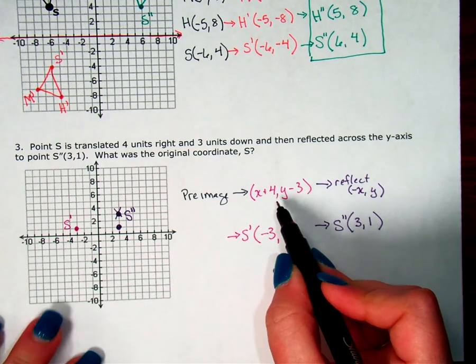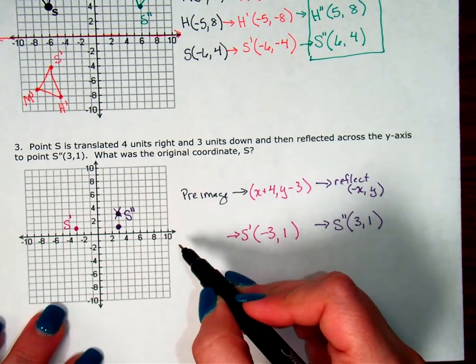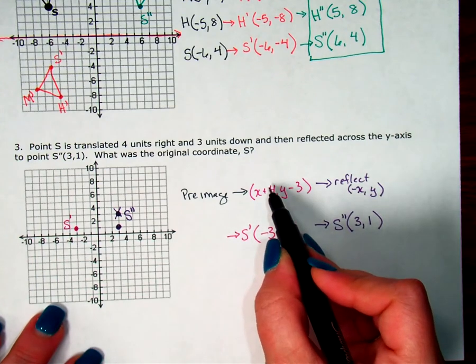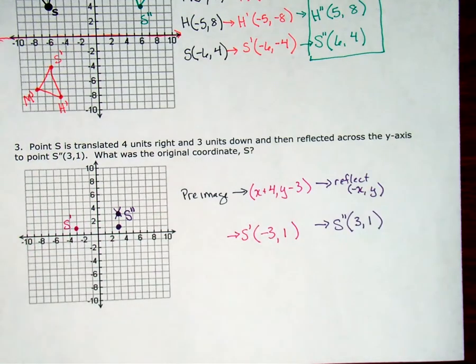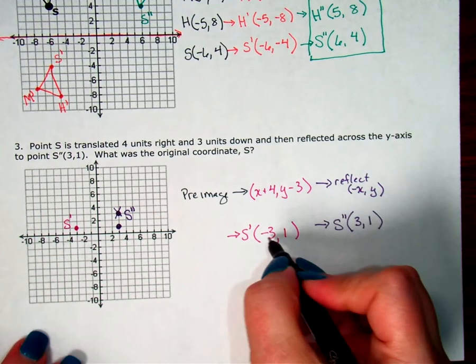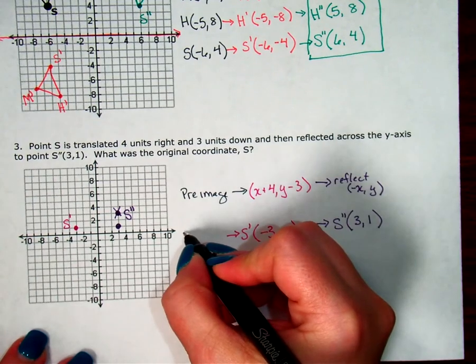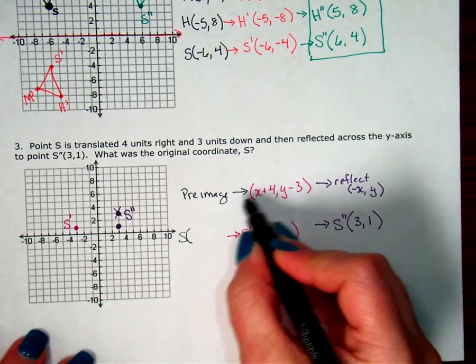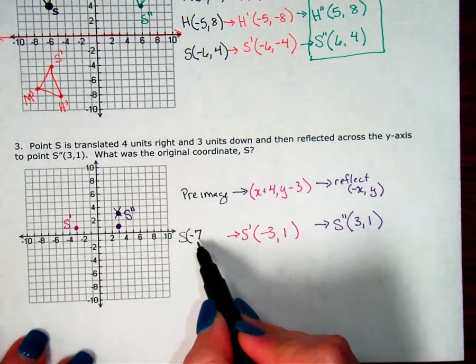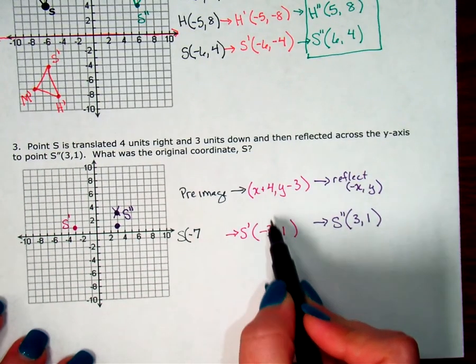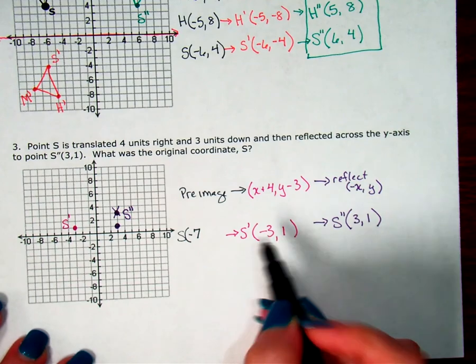When we're doing our translation, again, we're working backwards. What did I add 4 to get a negative 3? To work backwards from that, I'm really going to be subtracting the 4, right? So negative 3 minus 4, that's going to put my x value at negative 7, so that when I went negative 7 plus 4, I got my negative 3.